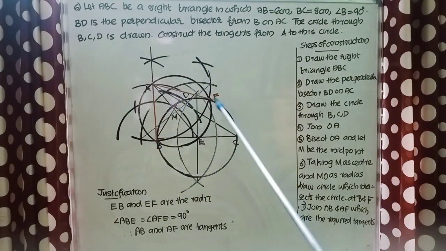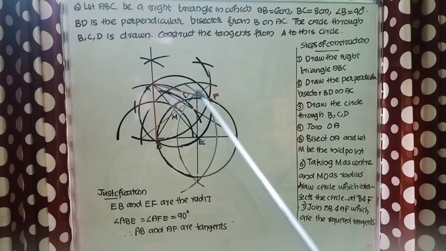So in this figure you can see this AB and AF are the tangents. Justification: EB and EF are the radii. Therefore angle ABE equal to angle AFE equal to 90 degree. Therefore AB and AF are tangents.